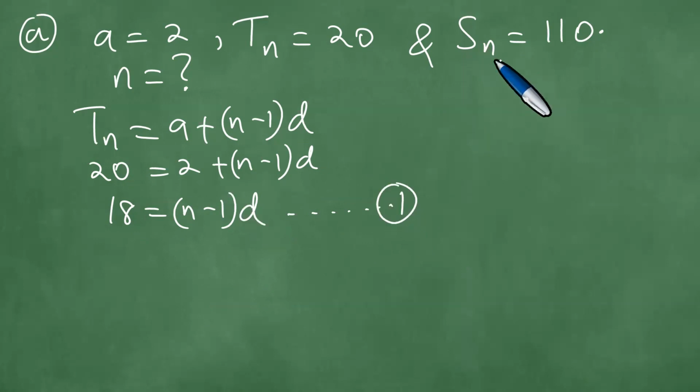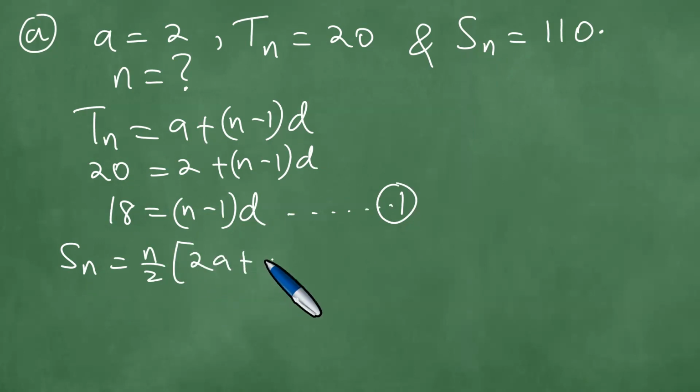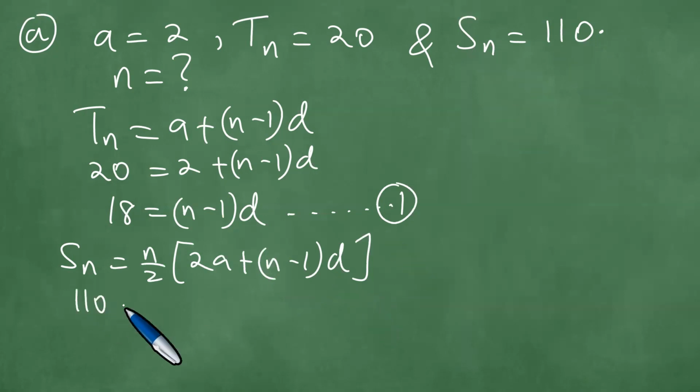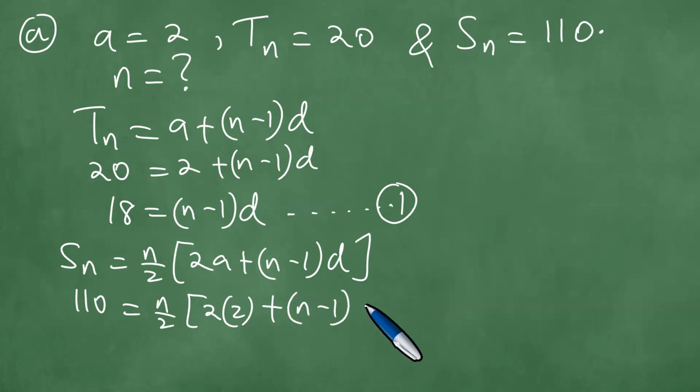The sum now, what is the sum formula? The sum formula we already know is n over 2 into 2a plus n minus 1 into the common difference. Now, what is the sum? It is 110, equals n over 2 into twice a, which is 2 times 2, plus n minus 1 into the common difference.